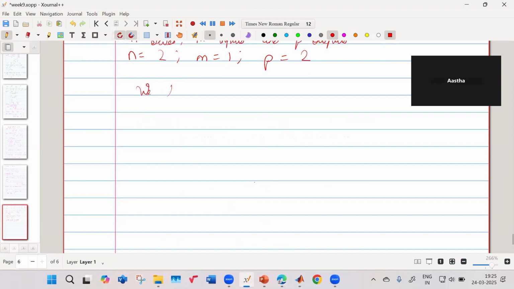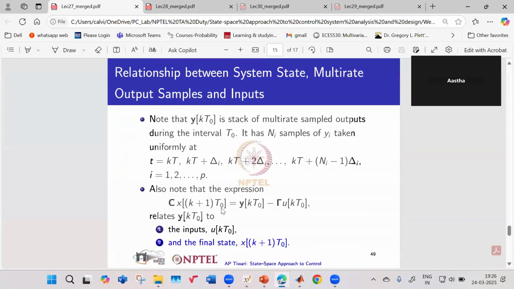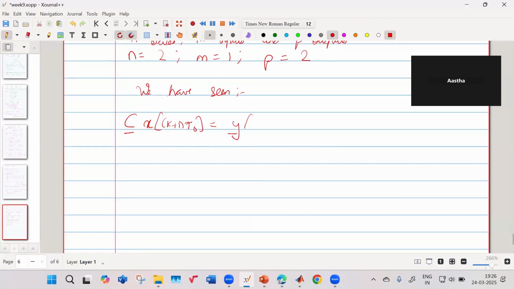We have seen it has been derived, Sir, that C bar x of (k+1)T0 is equal to y bar of kT0 minus gamma of u of kT0.